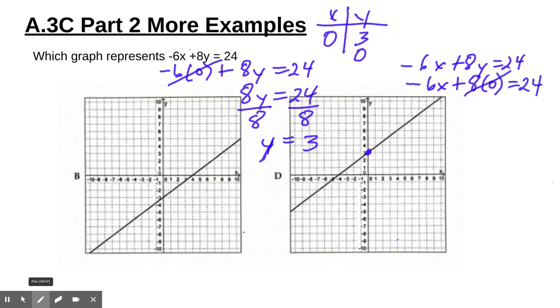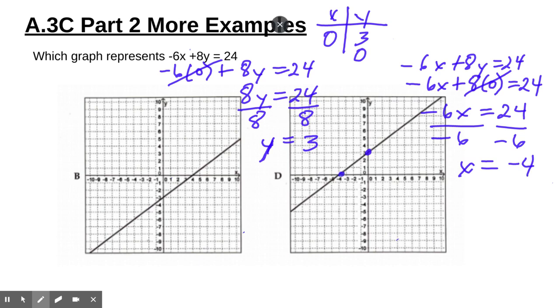That goes away, and we have negative 6x equals 24. Divide by negative 6, and x is going to equal a negative 4, which matches right here. So we know that's correct.